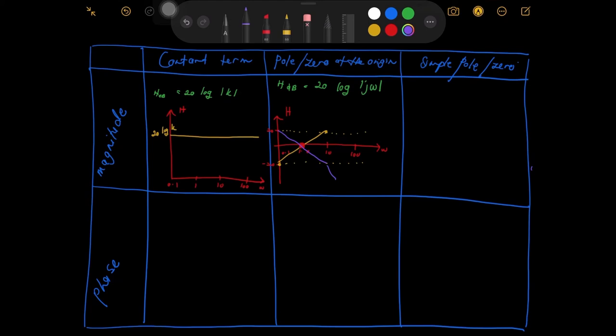Don't worry, if you understand this, you will not have any problem during the plotting.